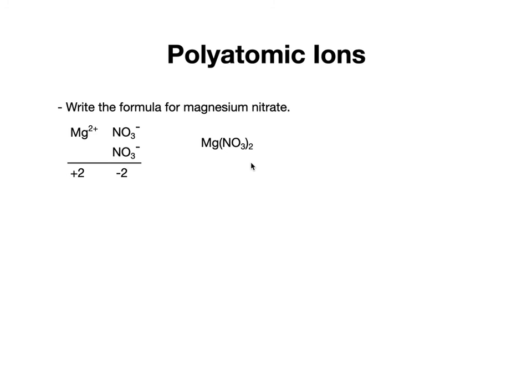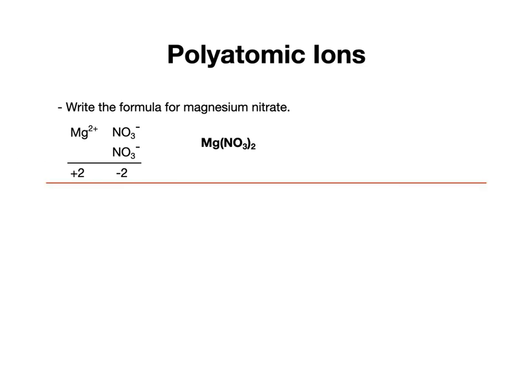So when you see the parentheses and you see this 2, it means I have 2 of whatever's in the parentheses. Okay? So I've got 1 magnesium, I've got 2 nitrates. That's how we write the formula for magnesium nitrate.